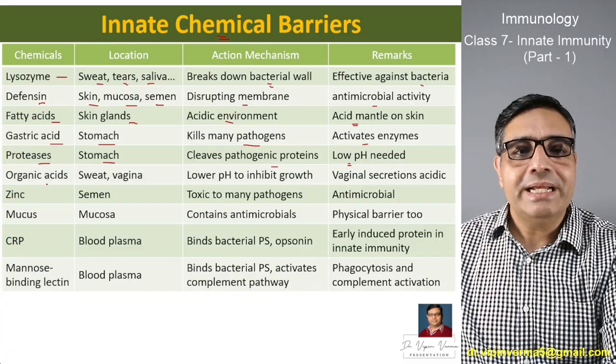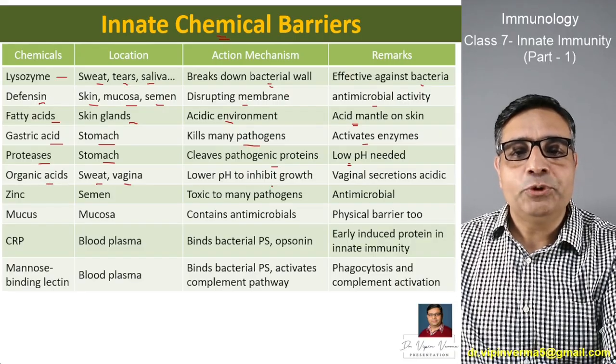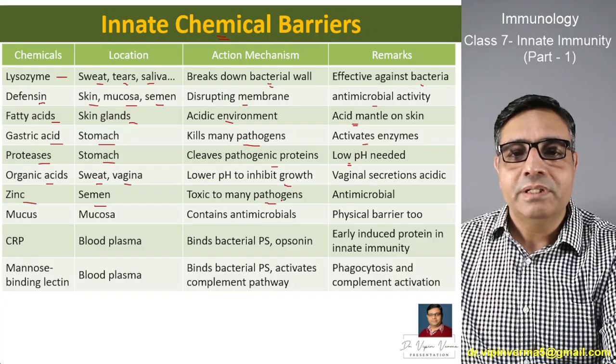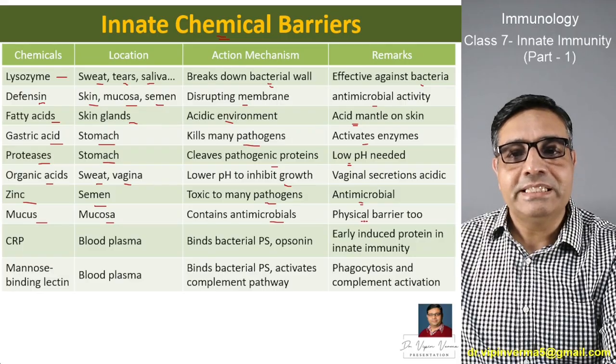Then we have organic acids, which are present in sweat and the vagina and lower the pH to inhibit growth, so vaginal secretions are usually acidic. Then we have zinc, present in semen, which is toxic to many pathogens and is again antimicrobial. Mucus is secreted by the mucosa. It contains antimicrobials and is a physical barrier too.